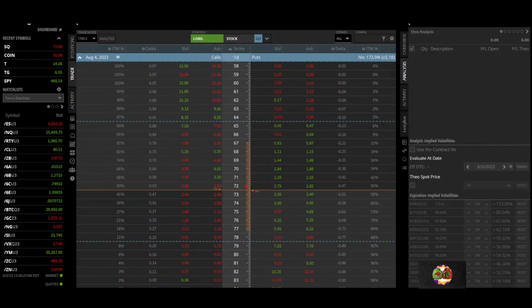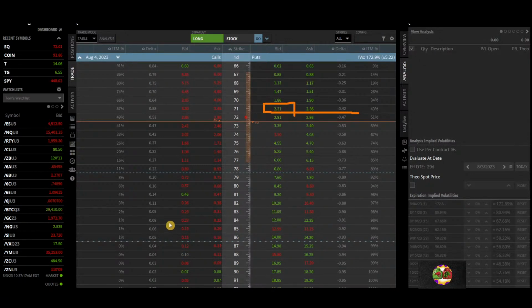Let's go see. We said what? We want under a 9 delta. So at the 7 delta on the put side, you could do 20 to 24 potentially. Oh shoot, it won't let me scroll.